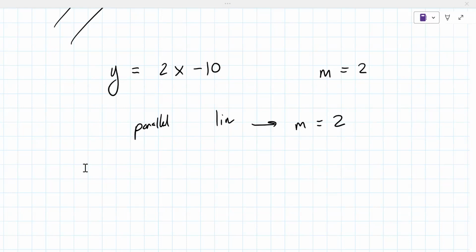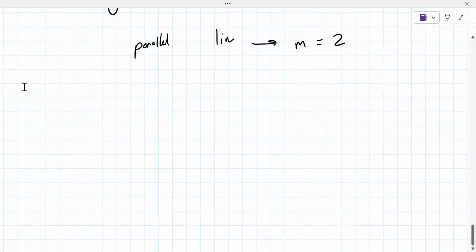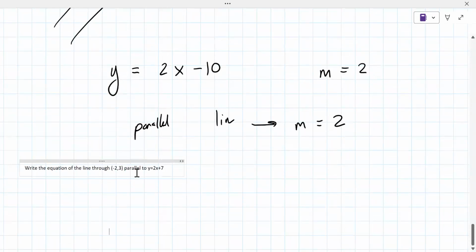Now, the problem would be written like this. This is just to kind of build up. It would say, write the equation of the line through, and I'll give you an ordered pair, -2, 3, parallel to y equals 2x plus 7. It doesn't really matter. So what you have to do when you write equations that are parallel is you have to first extract the slope.